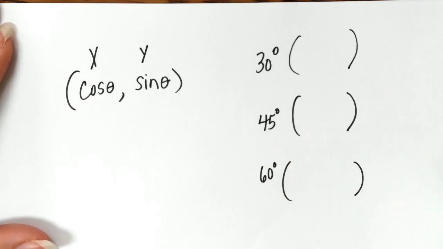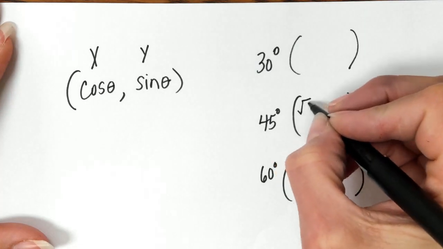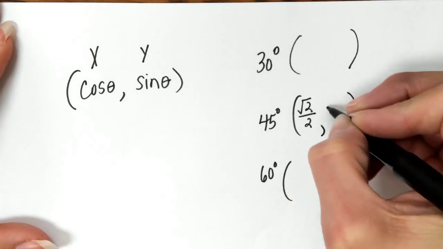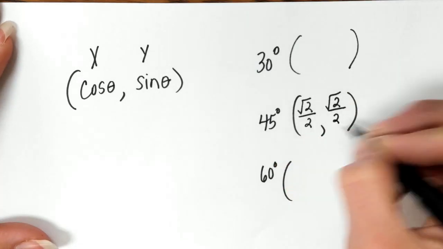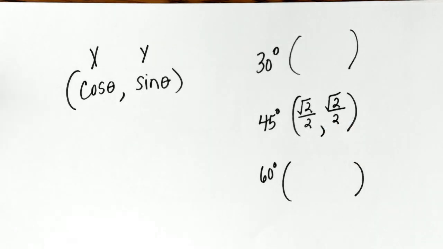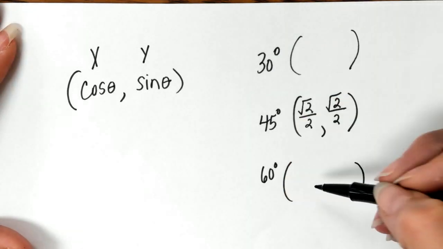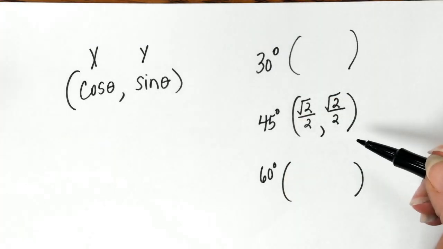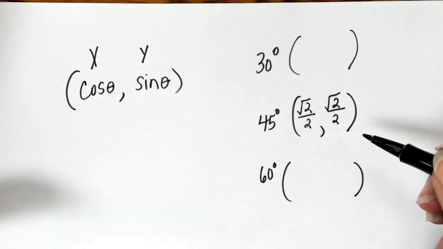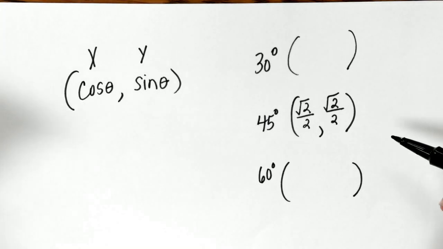The 45, you need to know that it is located at radical 2 over 2 and radical 2 over 2. They match. Usually students are really good at remembering the 45 location on the unit circle. The 30 and the 60 are very similar. They use the same two fractions, but you need to know which one goes with which one.